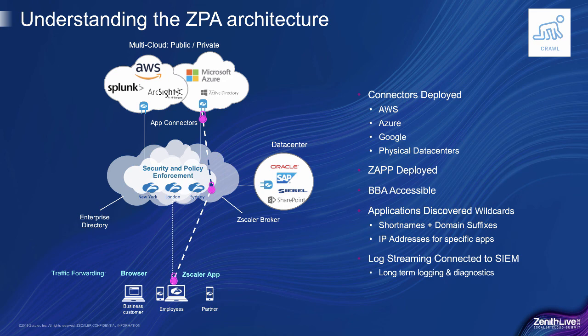I want to make sure that Zscaler app is deployed, and Zscaler app is deployed in a supportable way. And what I mean by that is, the latest version of Zscaler app, 1.5.2 and above, supports packet capture, for example, on the client, and that is going to really enable you to troubleshoot Zscaler private access applications. There's also additional functionality. You need to make sure that Zscaler app is deployed in that supportable way if you're running Zscaler Internet Access.